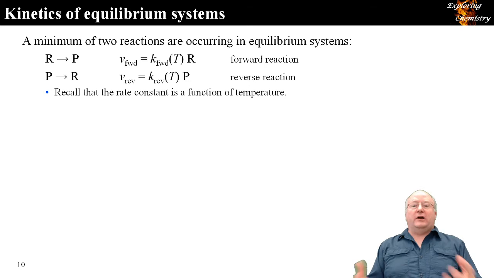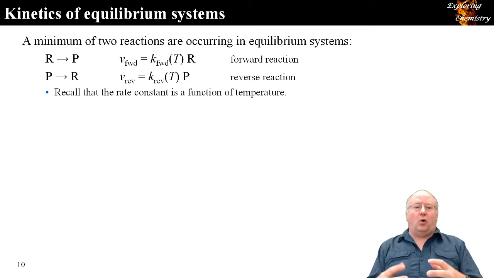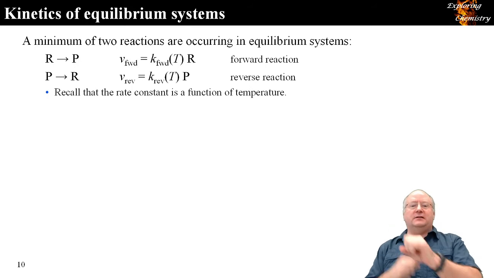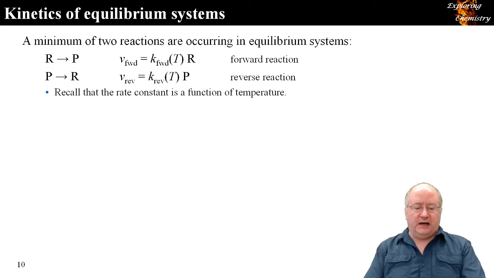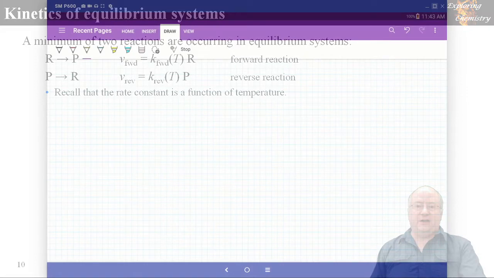So if we look at its very core, we have two reactions that are occurring. Reactants going to form products, and products going to form reactants. So we can write the rate expression for the forward and reverse reactions. And I'm just going to flip over to the tablet and just finish off this page.